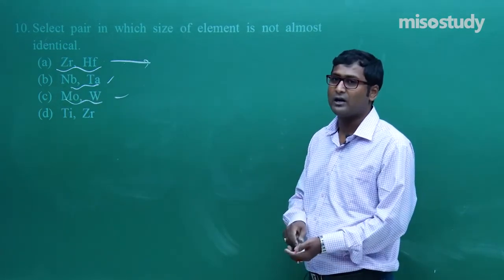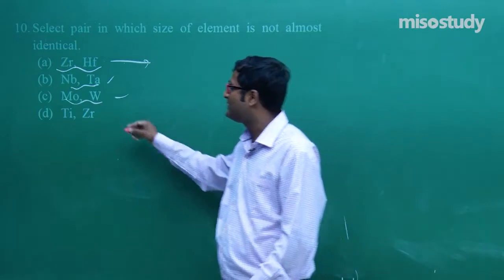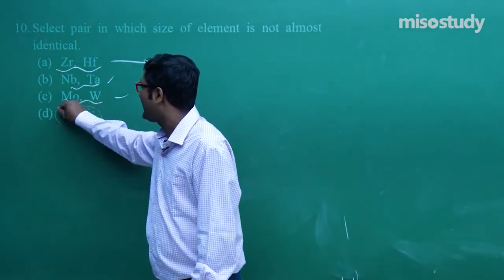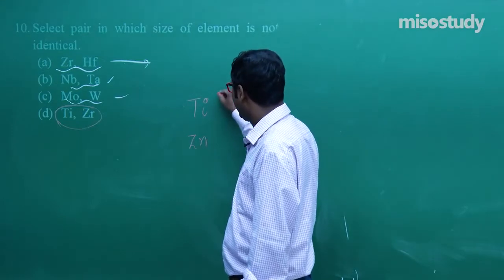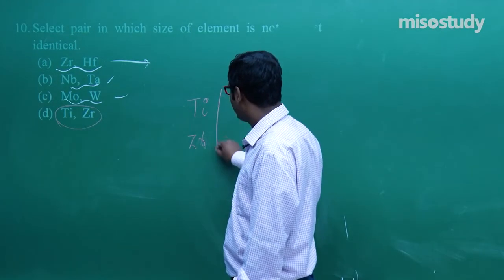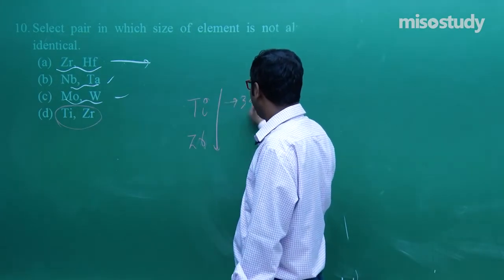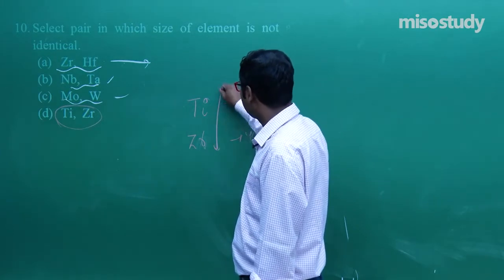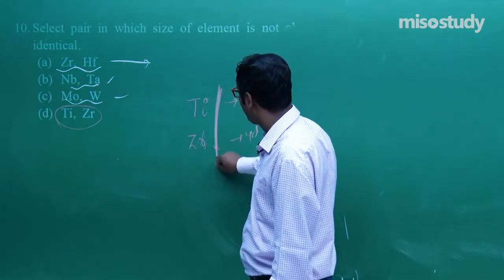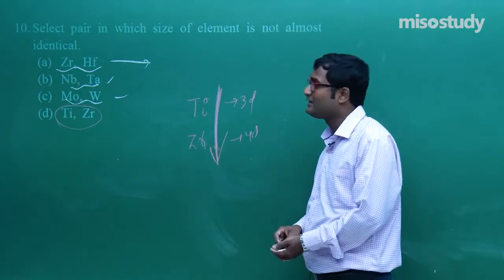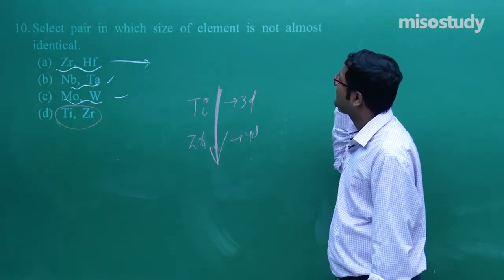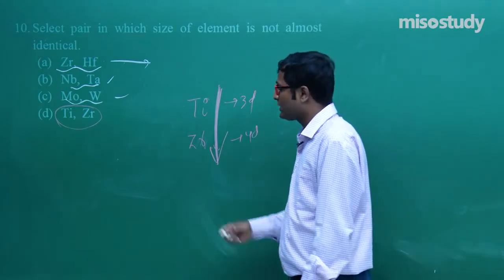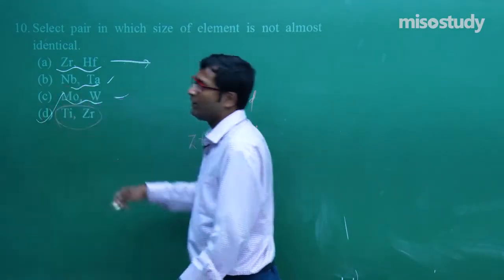But if I talk about titanium and zirconium, in case of titanium there is 3d, here is 4d. Down the group from 3d to 4d, size increases. So the pair in which the size of the element is not almost identical is the D option.